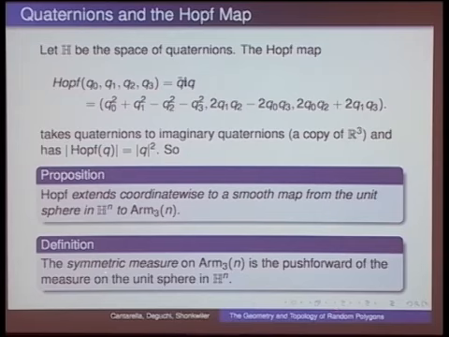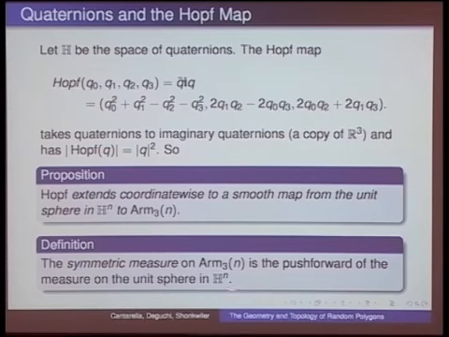And I can just assemble them into a non-closed polygon, a polygonal arm. So then I can define a measure on arm space by pushing forward the measure on the quaternionic sphere using this map. So the nice thing about this measure is that, of course, the quaternionic sphere is a symmetric space.